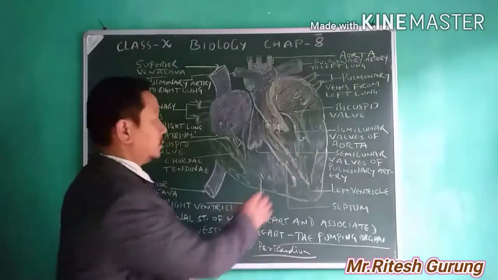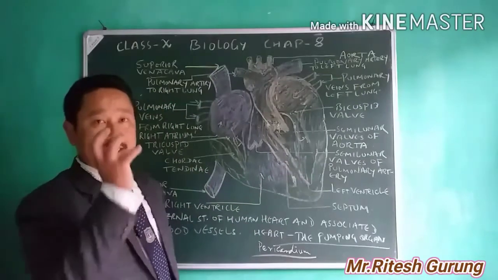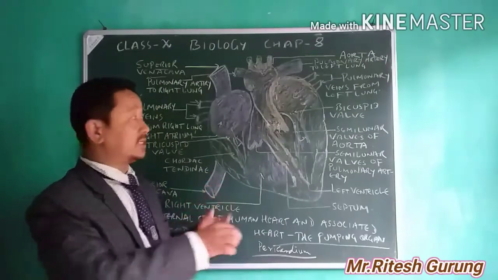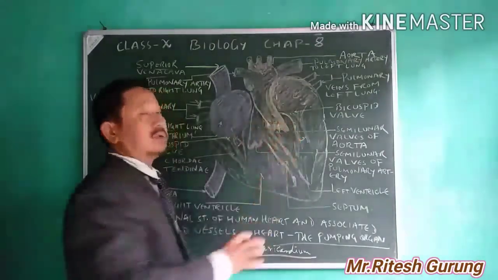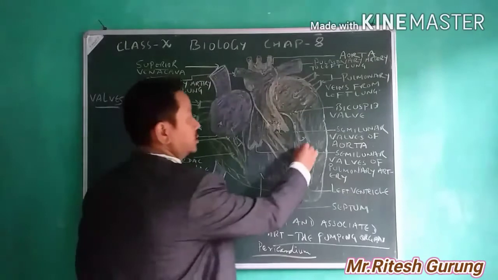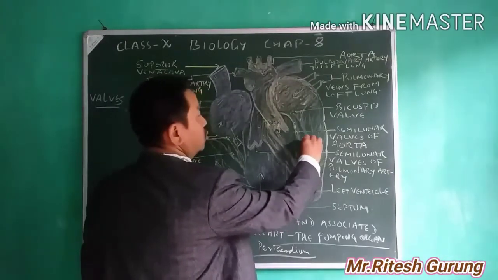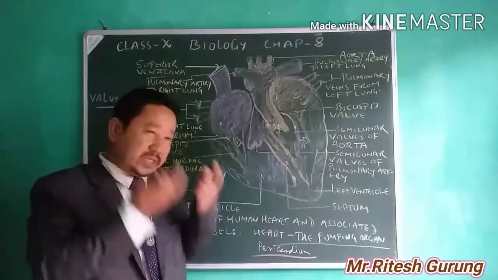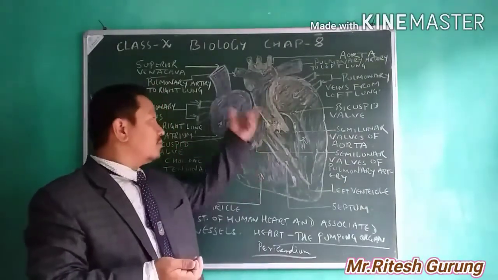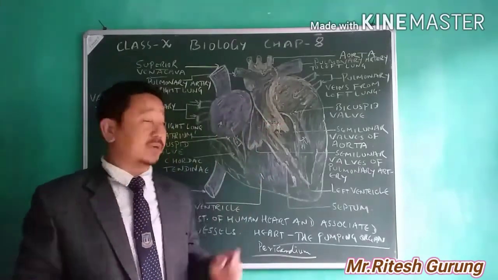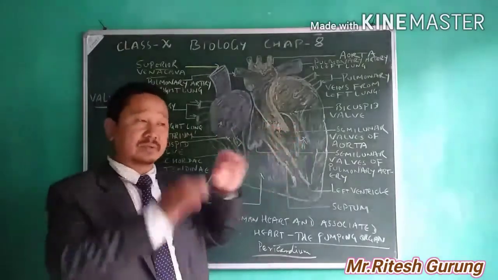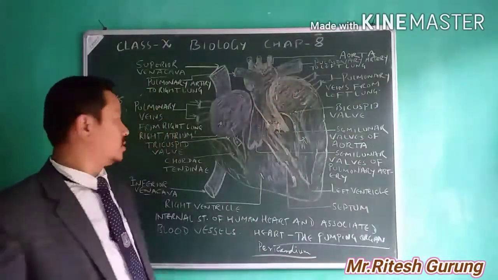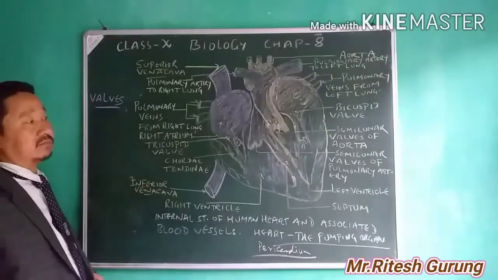Then when the ventricles get contracted, when they have to supply the blood to the different parts of the body with heavy force, at that time these 2 valves will be closed so that the blood does not go back to the auricles. You might think there would be a chance that the blood would flow back to the auricles, but it doesn't happen, because these valves are closed at that time. That's the function of the tricuspid and bicuspid valves.